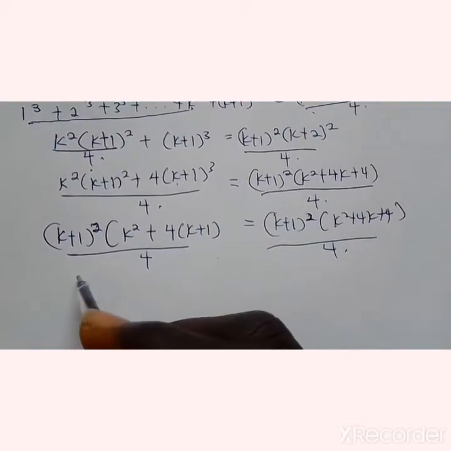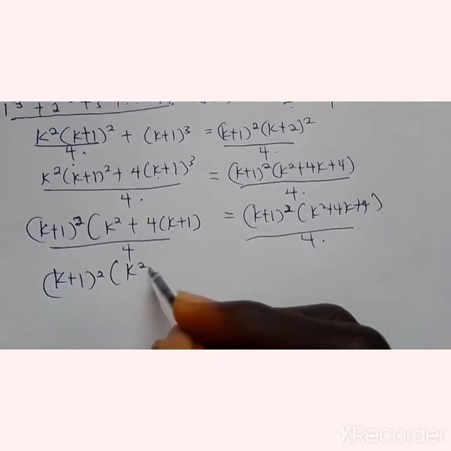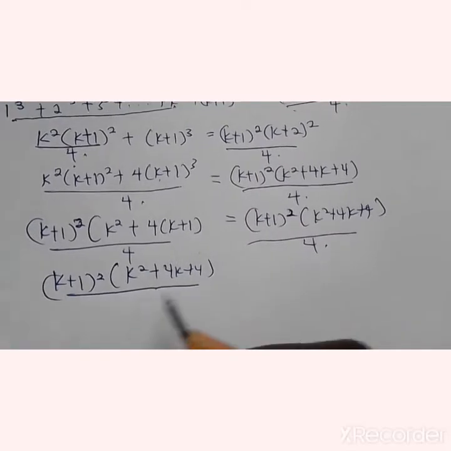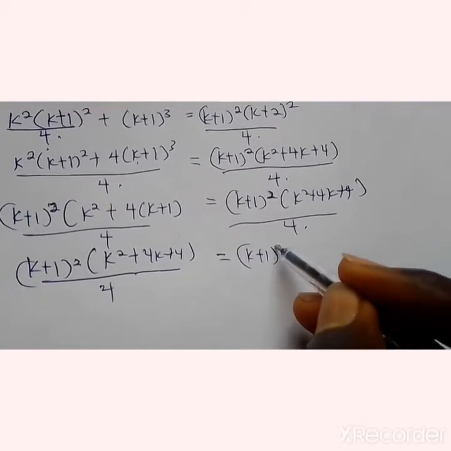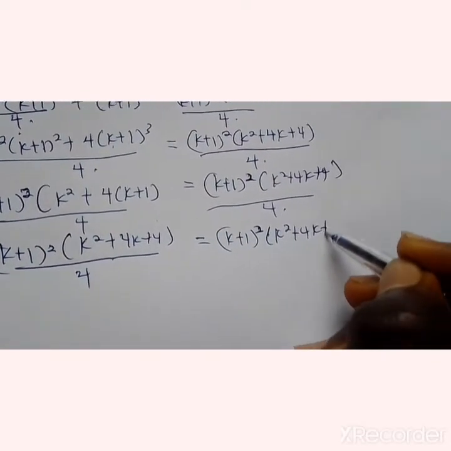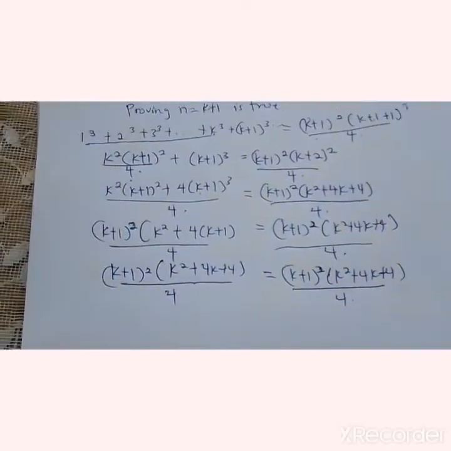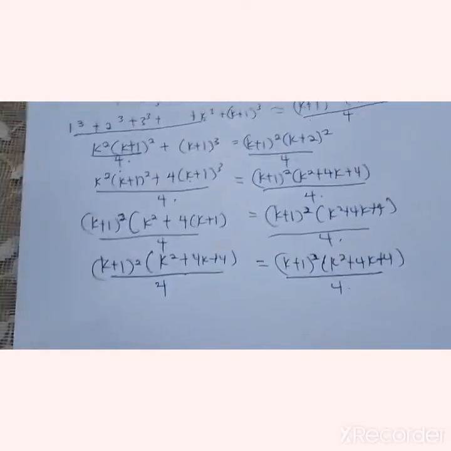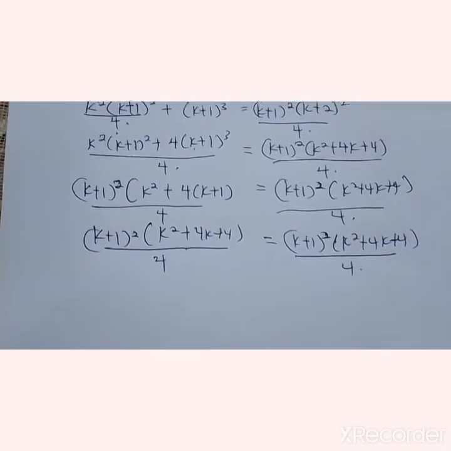So at this point I get (k plus 1) all squared, (k squared plus 4k plus 4) all over 4, equal to (k plus 1) all squared multiplied by (k squared plus 4k plus 4) all over 4. Since my left side and my right side are equal, I'll see that my mathematical induction, or my inductive approach, is valid.